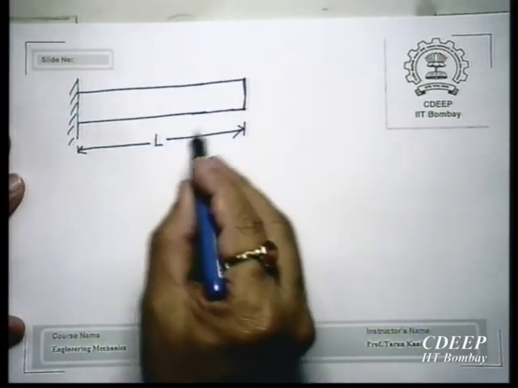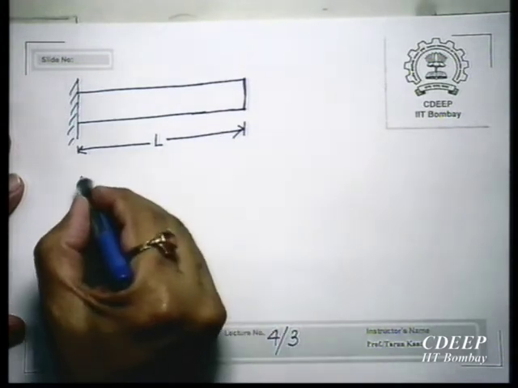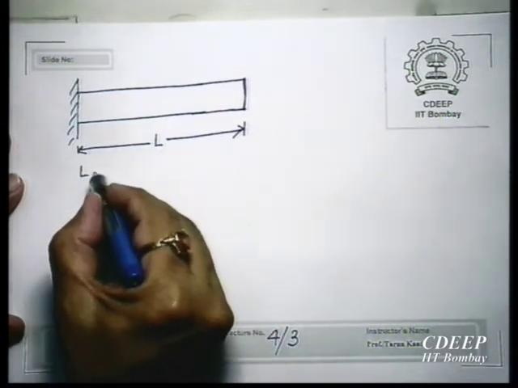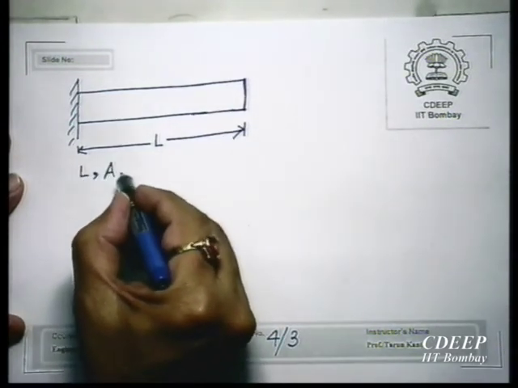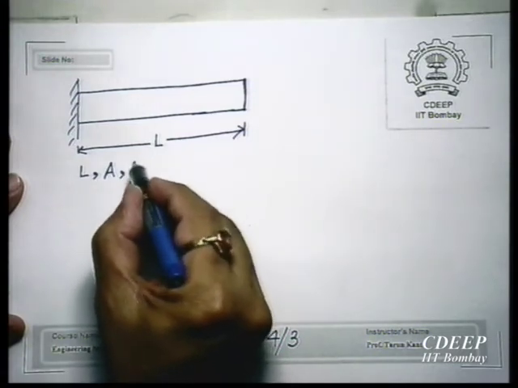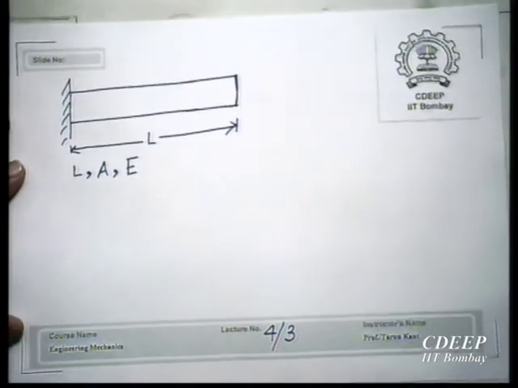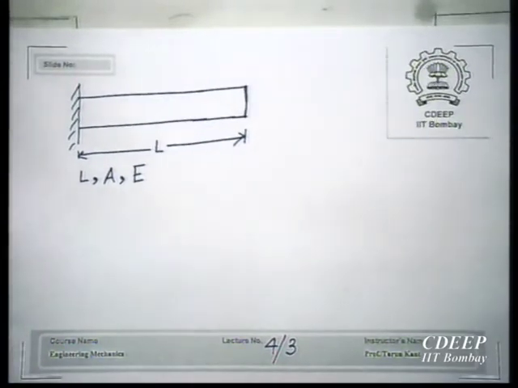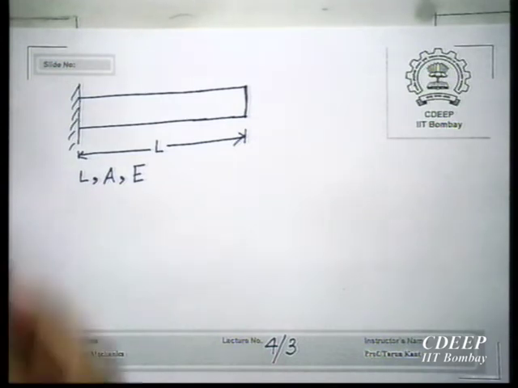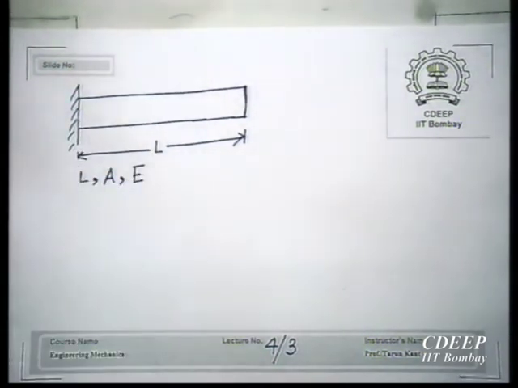Now I will give you. So, its length is L, area of cross section is A, material constant is E. These are the three basic properties of this rod. One end is clamped. This is called clamping, clamp, fixed.